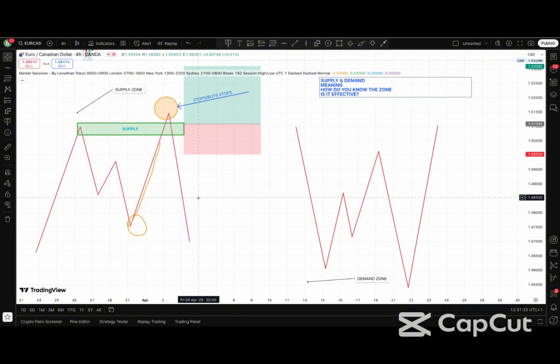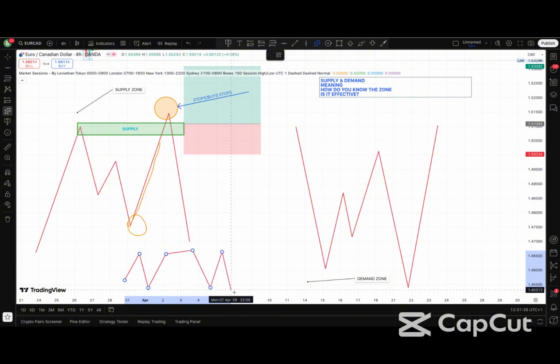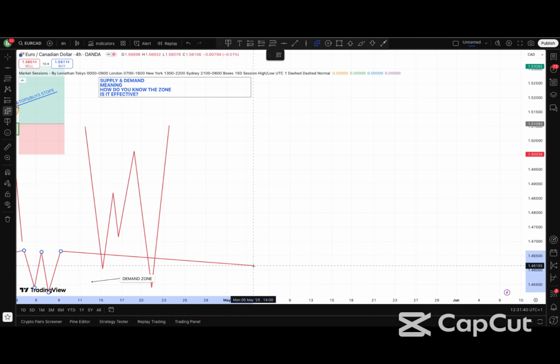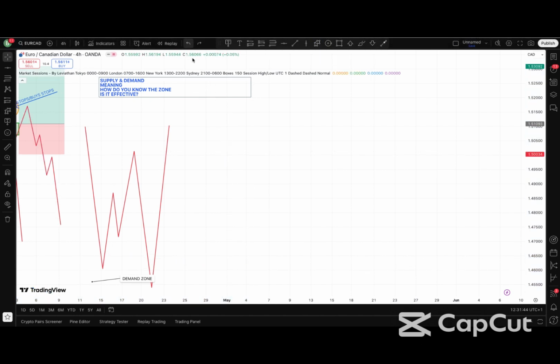Sometimes you can see a strong bearish move after a consolidation. That is where the supply zone occurs. Some consolidation can be in this form. Sorry about the screen.